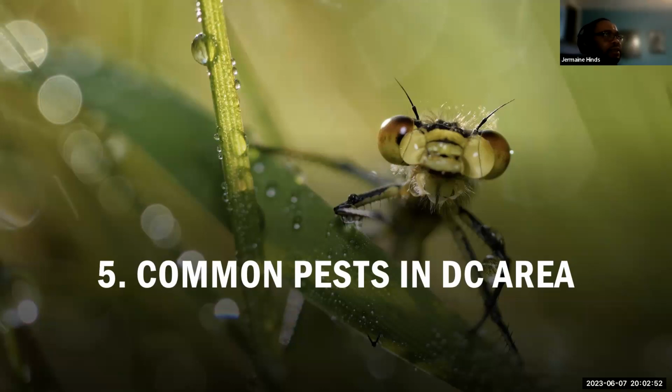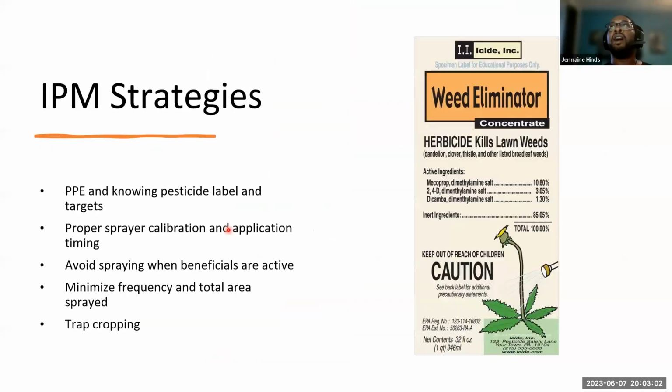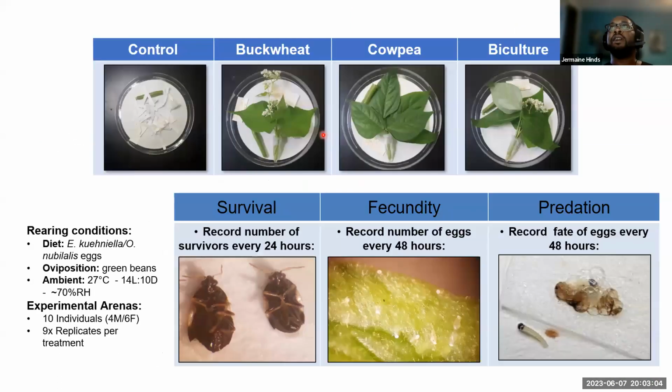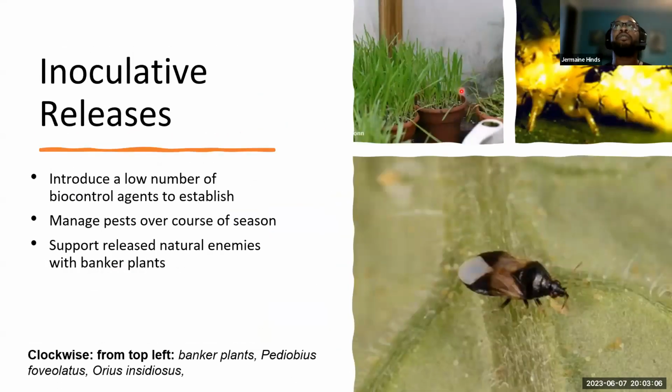Trying to catch up to the chat here. There was a question in the chat about if you could define banker plants. So banker plants are pretty much a pest reservoir that you put in the greenhouse or nearby, and this can serve as a prey source for natural enemies.